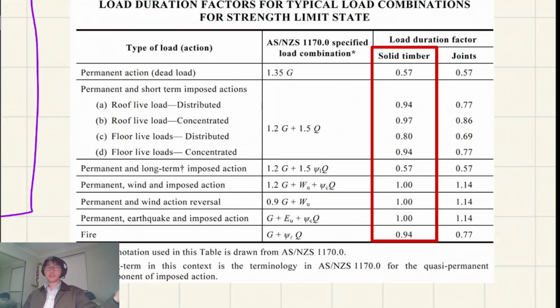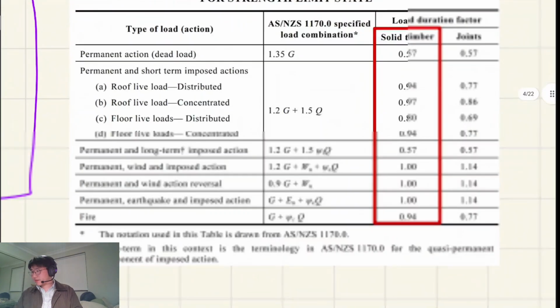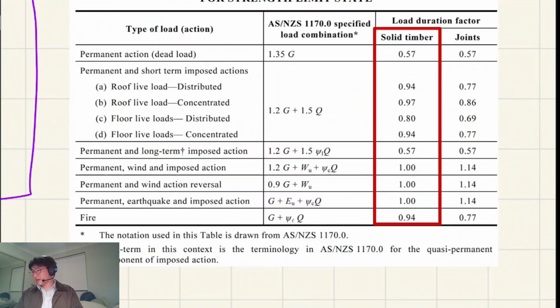I'll give you an example: on a roof, you might experience hail, which is more of a short-term action, whereas on a floor, you might experience, let's just say, a grand piano moving around every 5 months. Yeah, and then you can see a bunch of cases.